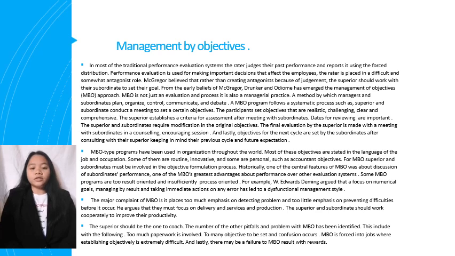The superior and subordinates make modifications to the original objectives if required. The final evaluation by the superior is made in a meeting with subordinates in a counseling, encouraging session. And lastly, objectives for the next cycle are set by the subordinates after consulting with their superior, keeping in mind their previous cycle and future expectations.